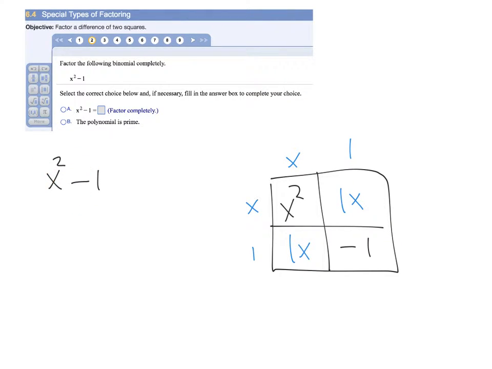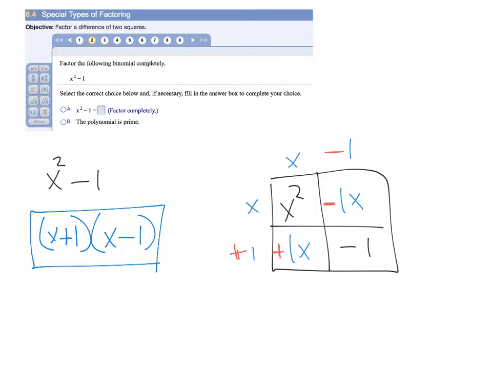There's just x squareds and just plain old constants. So that means one of these has to be a negative, the other has to be a positive, and that is how they're going to cancel each other out. So if this is a negative 1, that means negative 1x, that means that guy has to be a negative 1. And if this is a positive 1x, that means this guy has to be a positive 1. And so our factors are x plus 1 and x minus 1. And there is our factor.